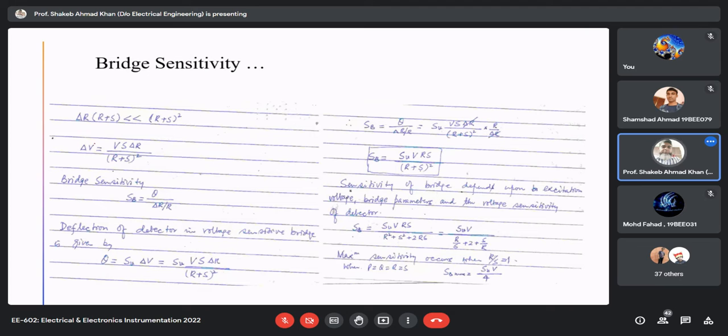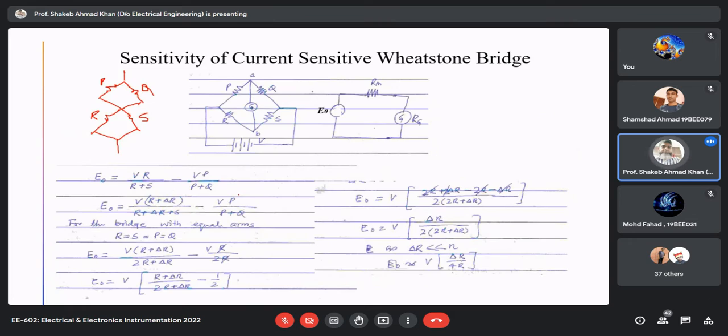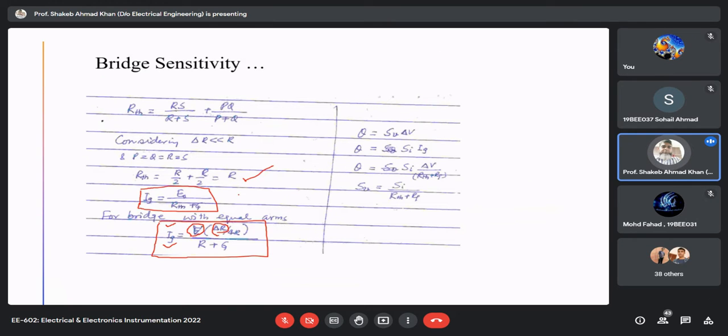In this case, this is the response, and this response is also dependent upon the excitation apart from the desired dependency. This expression is basically the response equation for the current sensitive Wheatstone bridge.